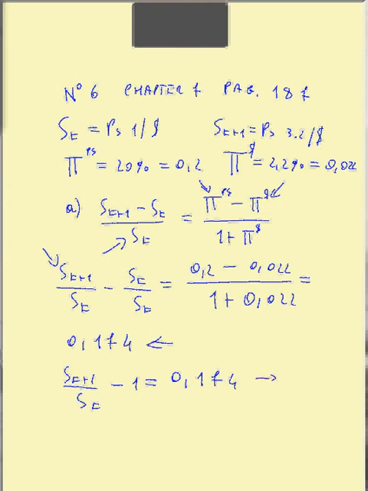This means that S_T+1 is equal to 1 plus 0.174 times S_T, which is equal to 1.174 times S_T, which is pesos 1 for each USA dollar.